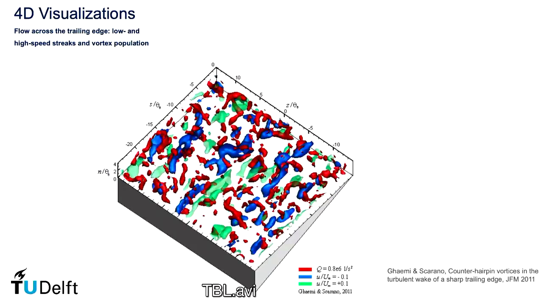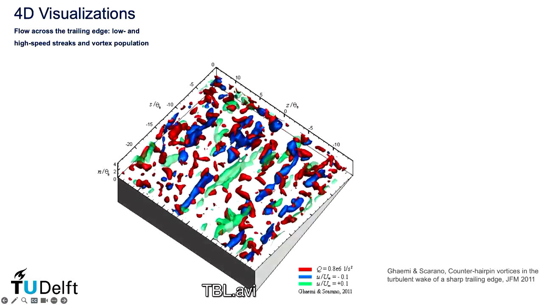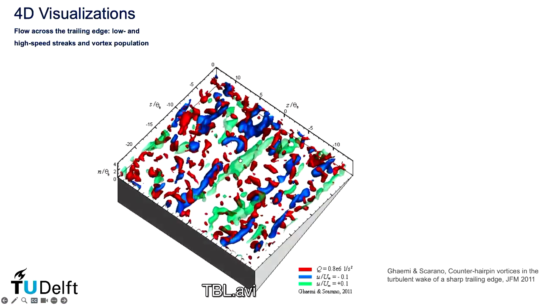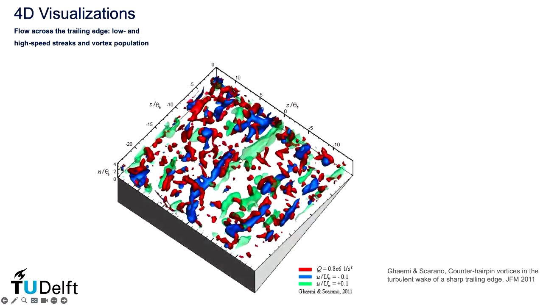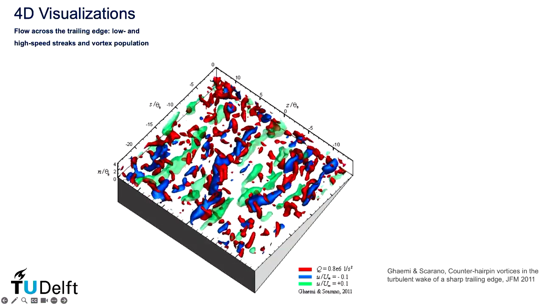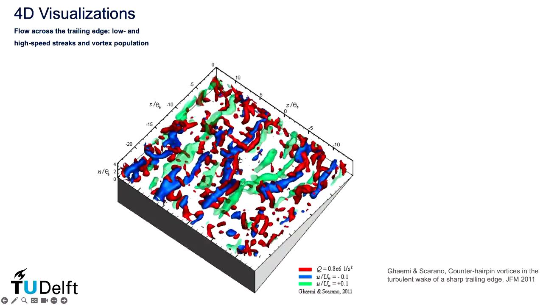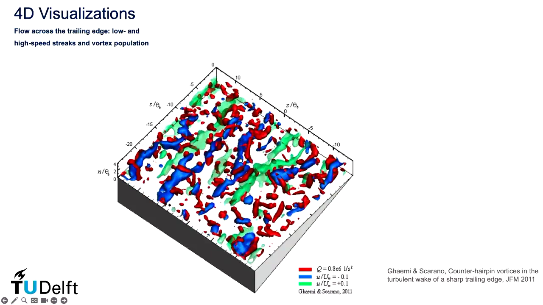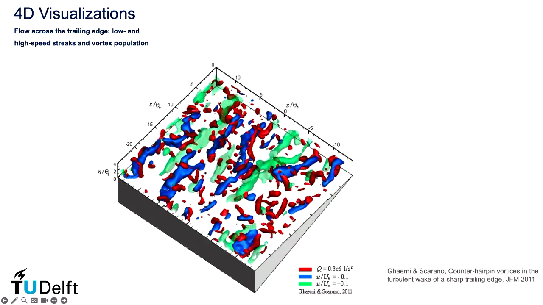And this is an example of the result. You see it is much less impressive in air because of little light and a smaller region, but still one could see the organization in the high and low speed streaks and the vortical structures riding the low speed streaks.